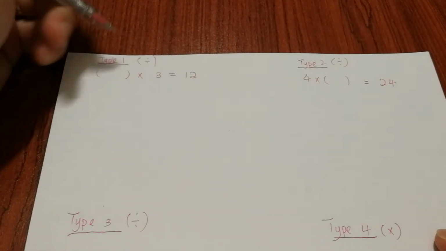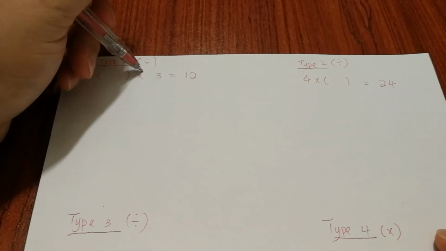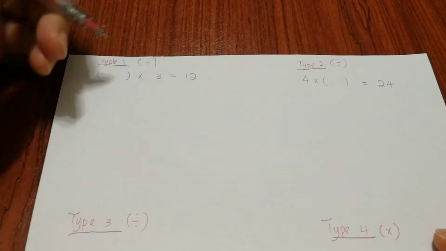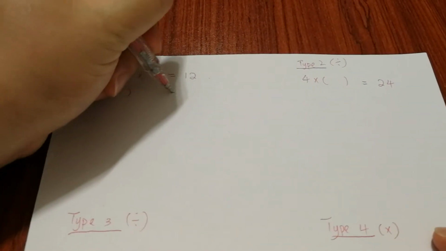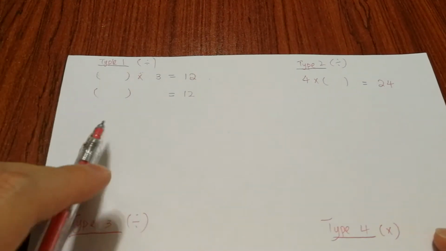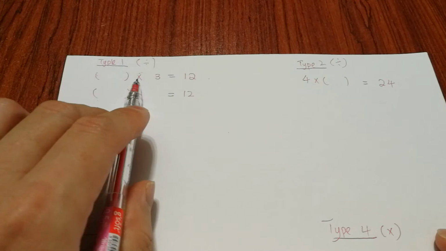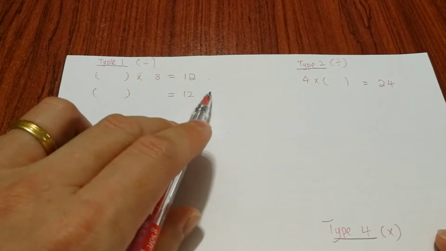I'm going to show you how we are going to do this question. Now when this is times, we move this over to the other side. So bracket equal, so we write back those that we are not moving. Bracket we write back, equal we write back, 12 we write back. We move this times and this 3 to the other side.